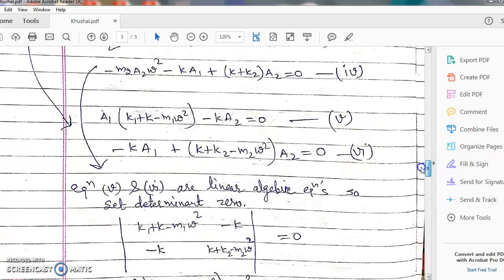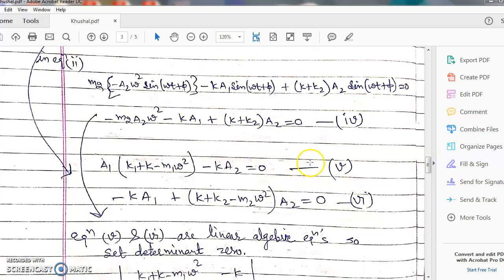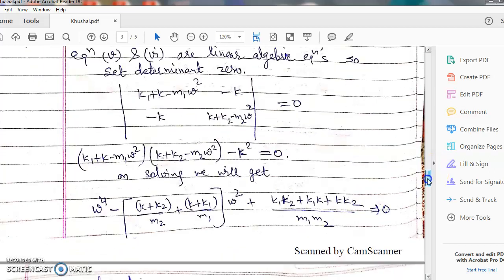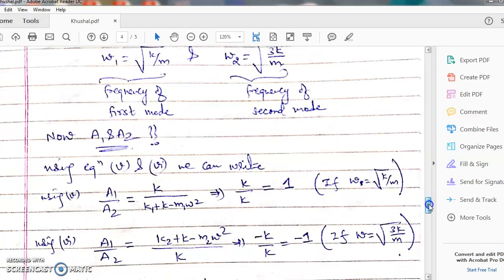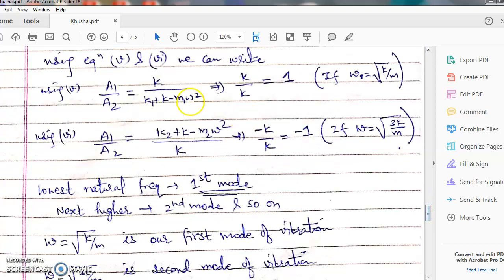This is already equation 5, this is 6. I am just equating it to 0. This term will be here, and then a1 by a2. Same for equation 6. So if I put in omega equal to root k by m and omega equal to root 3k by m, I will get some values.